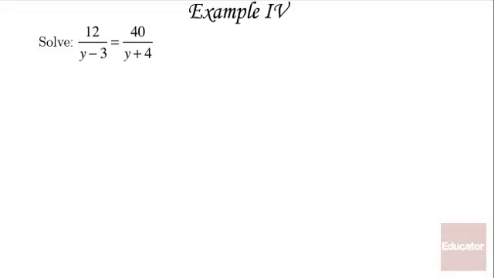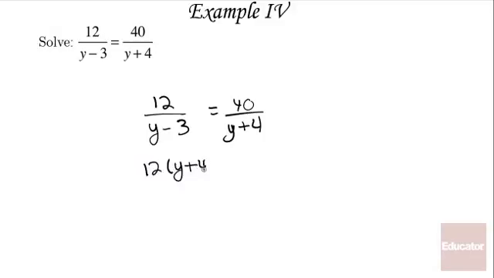This example is also a proportion, but it's a little bit more complicated. You still can multiply and find the cross products even though the terms are more complicated. This time we have 12 over y minus 3 equals 40 over y plus 4. Same as always, cross multiply: 12 times y plus 4 equals 40 times y minus 3.